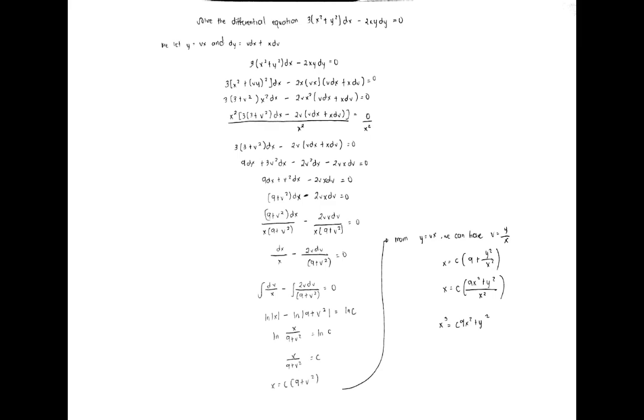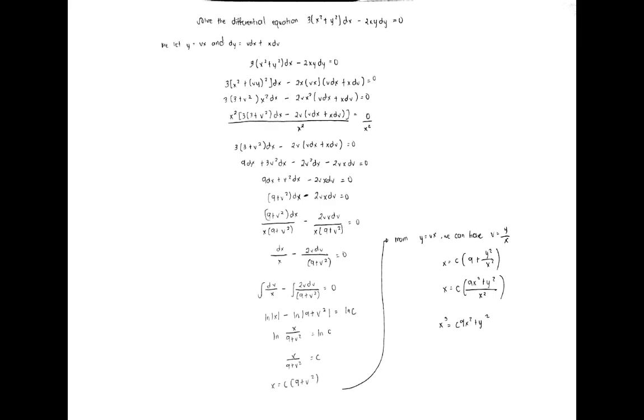Now, to keep the dx and x together and separate them from v, we divide both sides by x times (9 plus v squared), so that the remaining part is dx over x minus 2v dv over (9 plus v squared) equals 0. Now that we have separated the x and the v, we can now integrate.